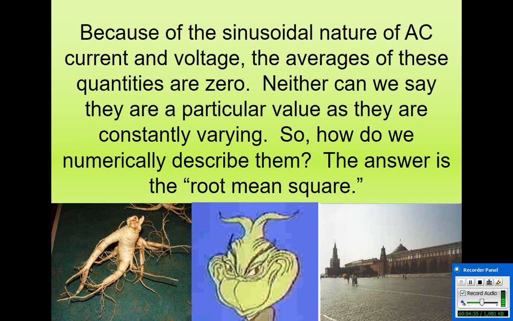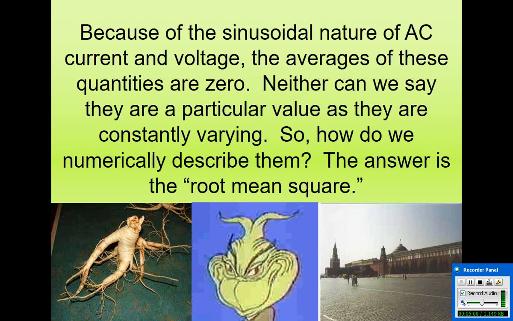But that doesn't give much information because it could be 0 with a maximum oscillation of 1 volt, and it could be 0 with a maximum oscillation of 1,000,000 volts. And there's another quantity that is often used to convey the amount of voltage or the amount of current that is actually involved in the oscillations.